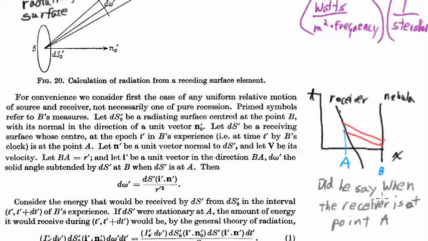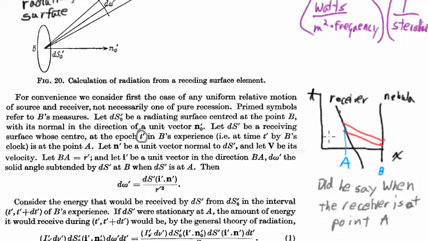So the question is, did he say when the receiver is at point A? He said it's epoch t prime in B's experience. Did he say it is this intersection where the beginning of the beam actually reaches the receiver? I'm pretty sure that's what he means.